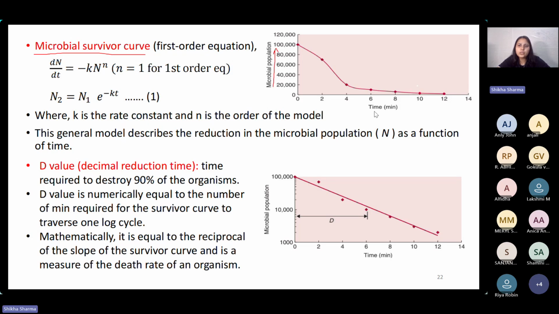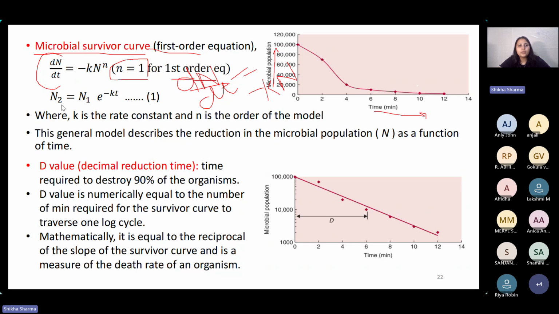It has the microbial population on the y-axis and the incubation time on the x-axis. It usually follows a first order equation, so we can write dN by dt equals minus k N to the power n, where small n equals 1 because it is a first order equation. So dN by dt equals minus k N.